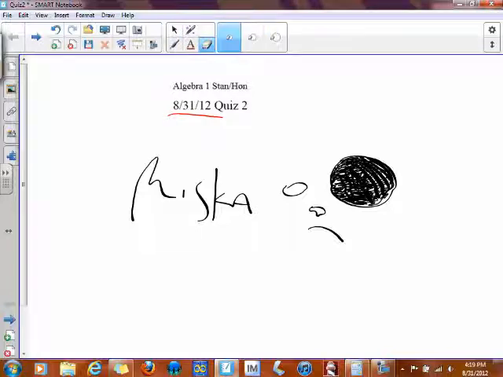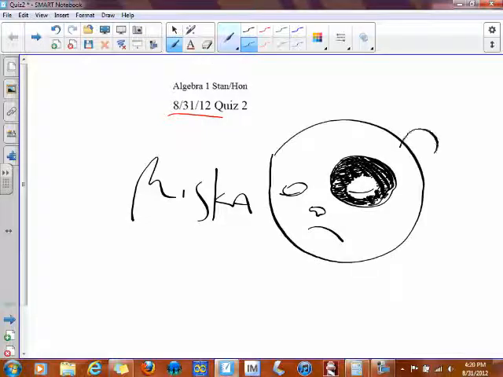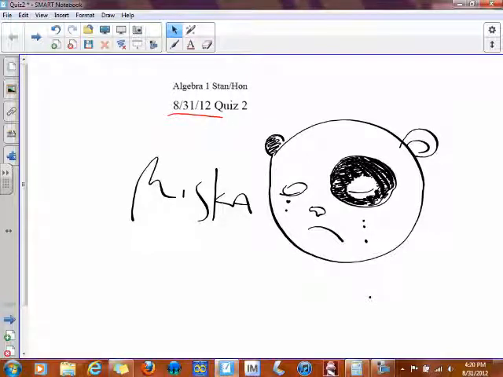This is me, and I'm a sad panda. This is Miska, and these are my little teardrops. This quiz makes Miska a sad panda, and it's not your fault. You have not been exposed to rigorous curriculum, but those days are over.